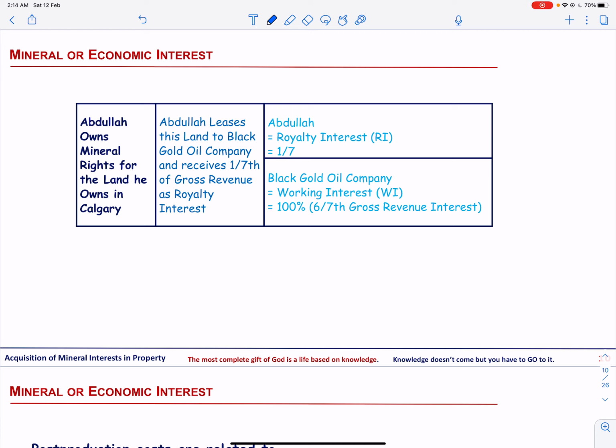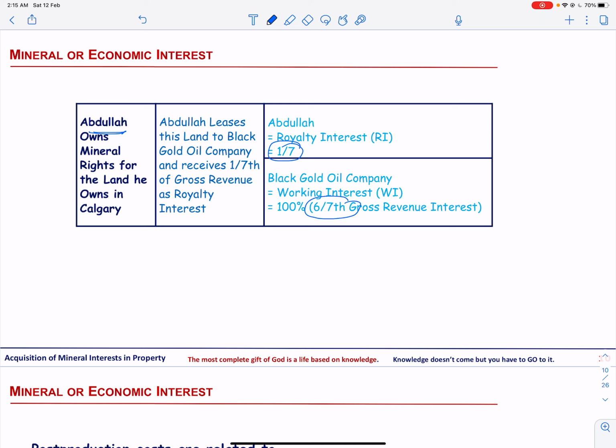The working interest owner, Black Gold Oil Company, is responsible for paying 100% of the cost of exploration, development, and production. After paying the 1/7 of royalty, the company would retain 6/7 of the gross revenues. The royalty interest owner Abdullah would receive 1/7 of the gross revenues and pay none of the exploration, development, and production cost.